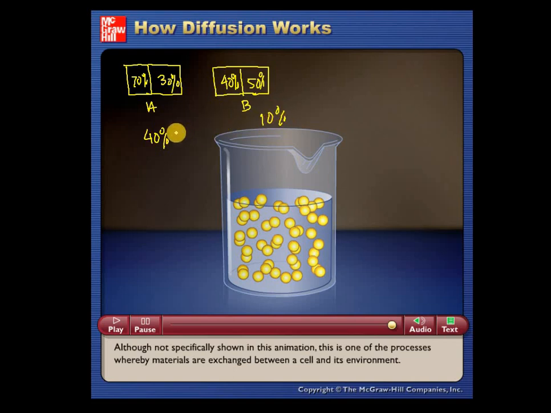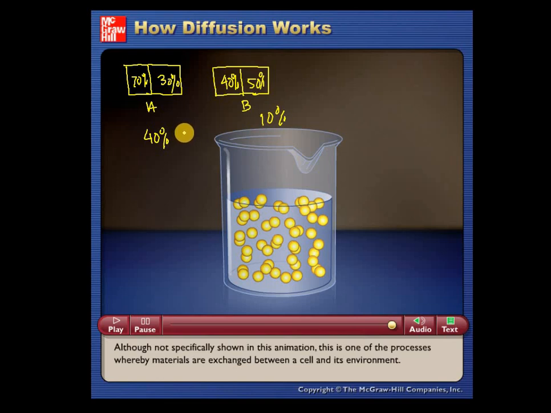So saan kaya sa kanila ang merong mas mabilis yung pag-spread or pag-transfer ng molecules? Hindi natin pinag-usapan dito kung sino yung unang matapos na mag-diffuse, kundi kung sino yung mas mabilis na mag-diffuse ng molecules.